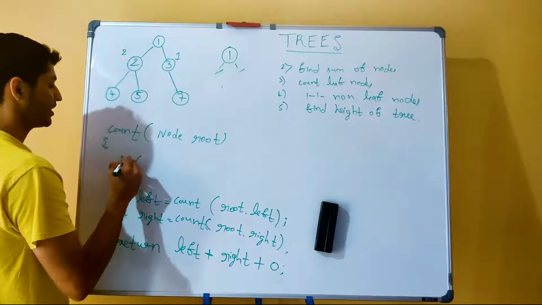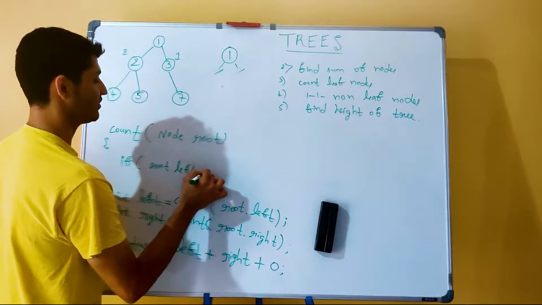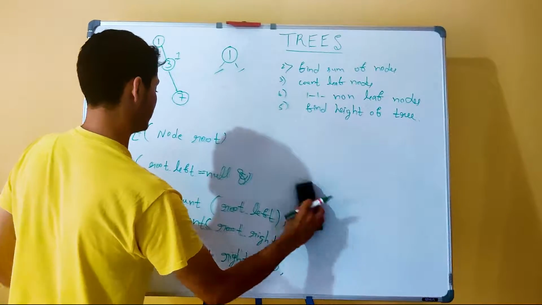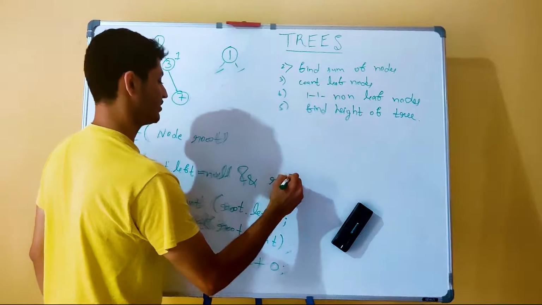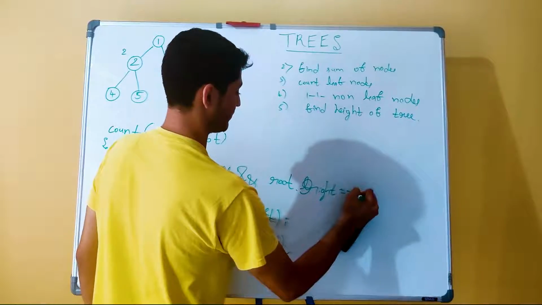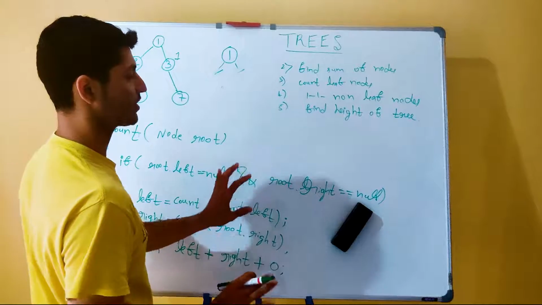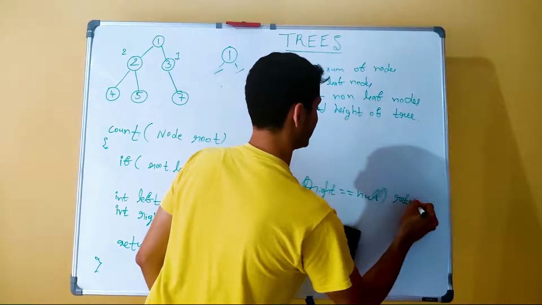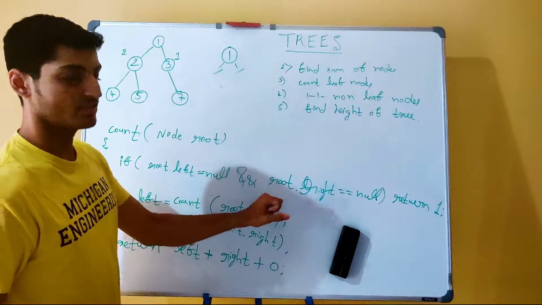So what I will do, I will simply check if the current node's left is null and the current node's right is null. Okay, if this is true, then that means we are looking at a leaf node, so we just return 1. Okay, this is the smallest problem where we need to find the base case.